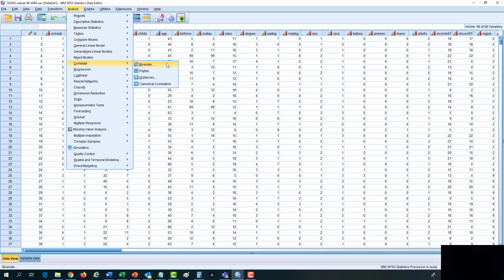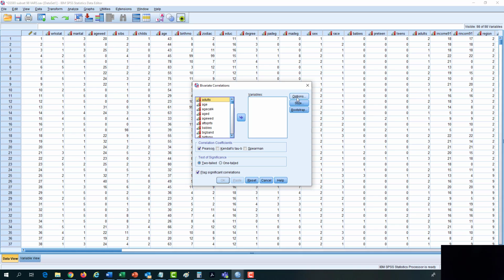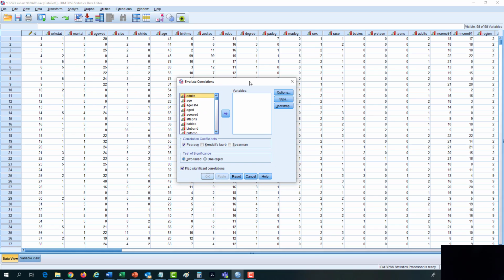But I'm going to click Analyze, Correlate, and Bivariate. And this little window comes up. And like with all windows in SPSS, for the most part, the left side has the variable list. The right side is blank. This is where you're going to move your variables over to. And here, right underneath that, is the correlation coefficients.